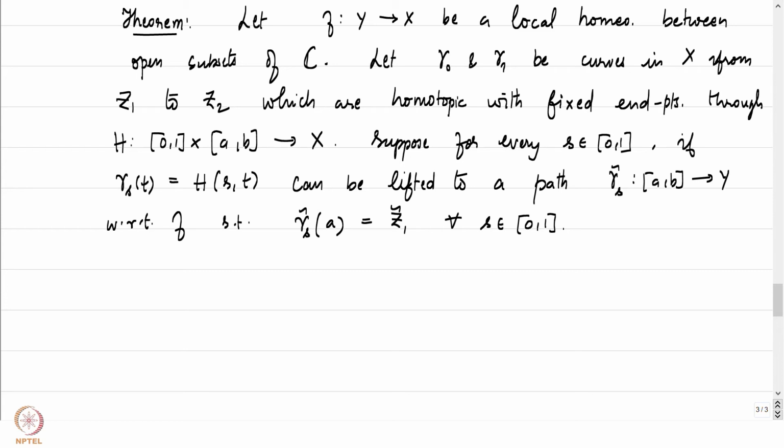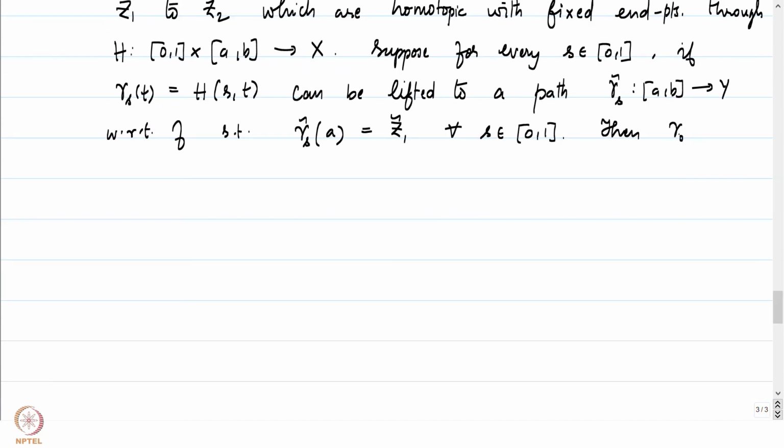Gamma s are such paths which can be lifted. We are given that, that's there in the hypothesis. The conclusion is that then gamma 0 tilde and gamma 1 tilde are homotopic with fixed endpoints in capital Y.